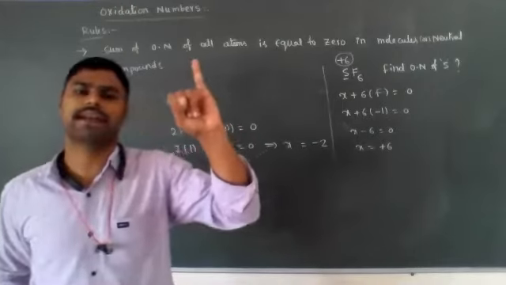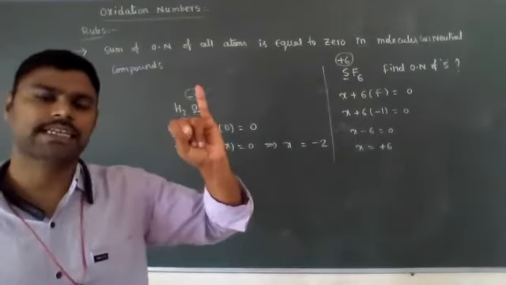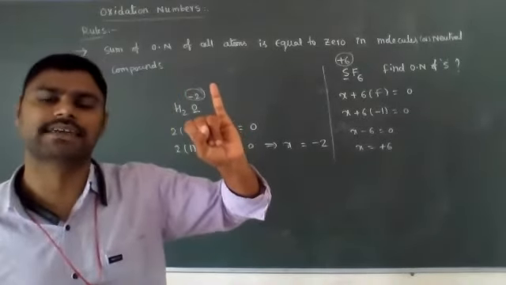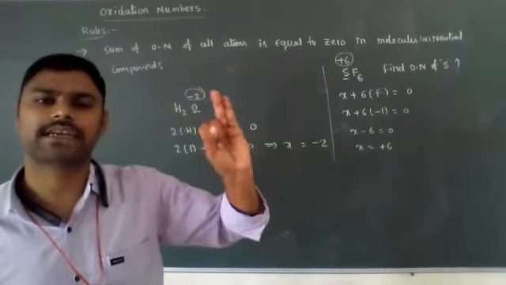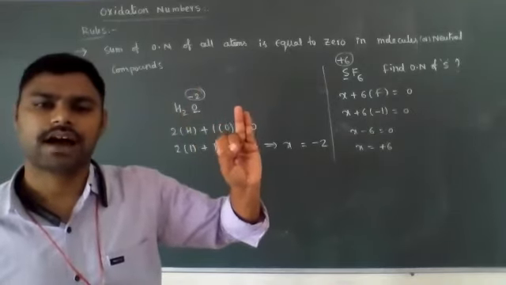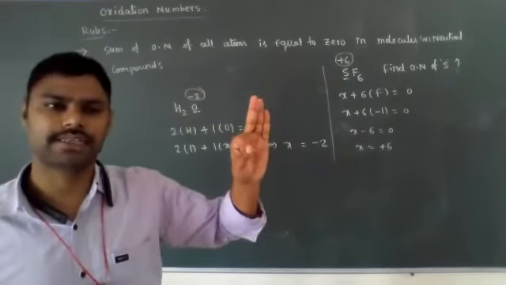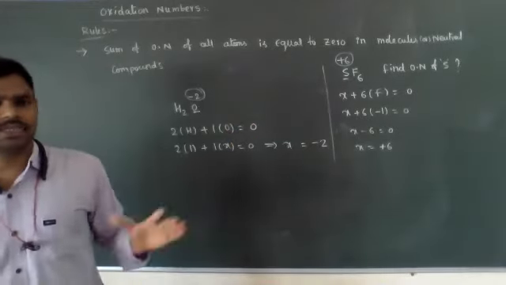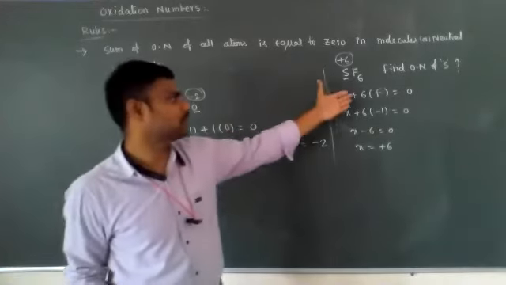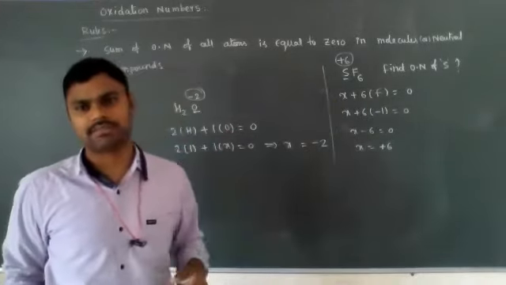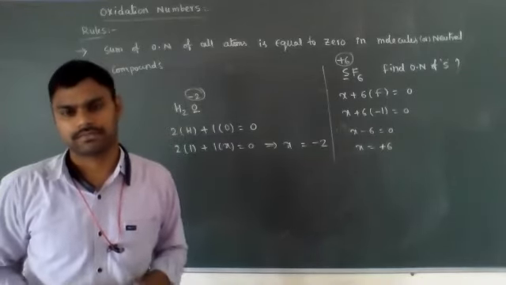What are the rules? Hydrogen is always plus 1. Oxygen as a bonded atom is always minus 2. Halogen atoms as bonded atoms are always minus 1. Apply those rules and we will get the oxidation number of the central atom.